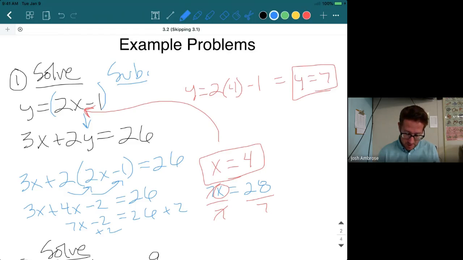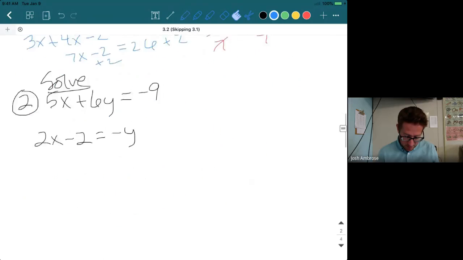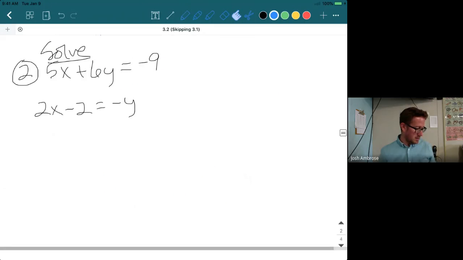Okay. Let's go ahead and take a look at the second example problem. And let's see if there's a way that we can get rid of this negative sign, okay? Because we don't want that negative sign to be with y, but we do like the fact that y is by itself, okay? So if we were to completely rearrange this equation, that would work.